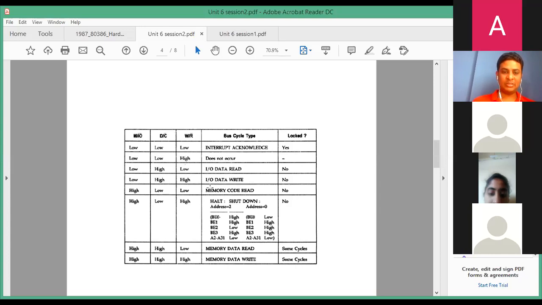In this situation, the IO data write is performed, and the bus is not locked. So a question from my side is: why is the bus not locked when we are performing IO operations, that is read or write? Can anyone of you answer?